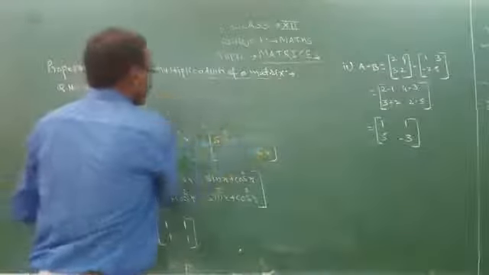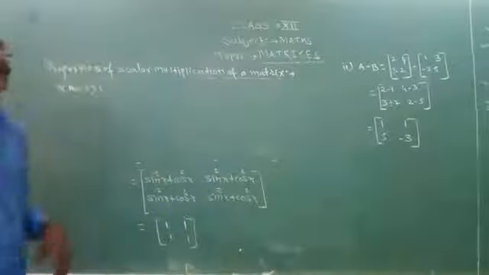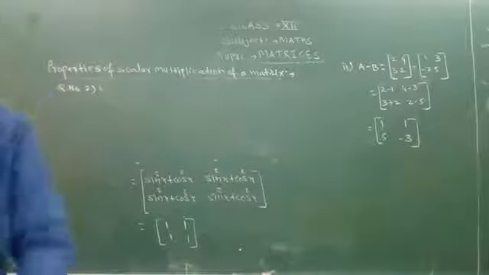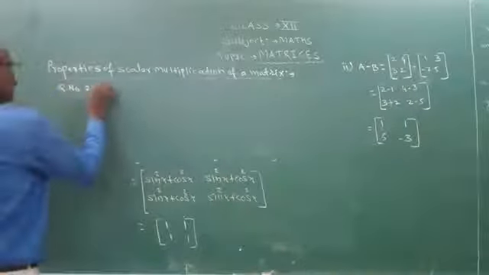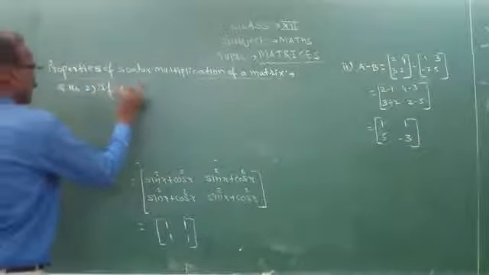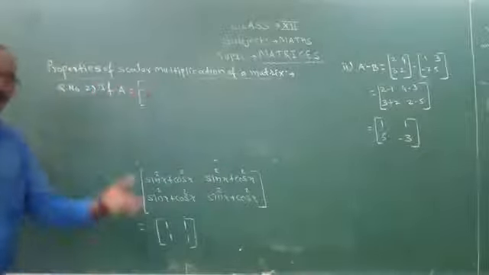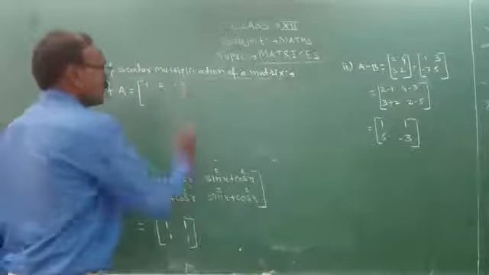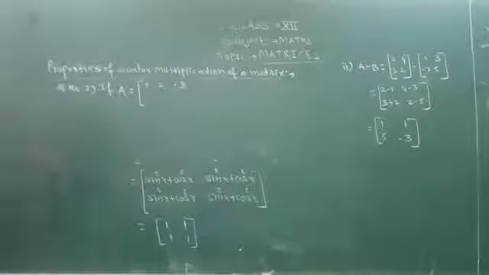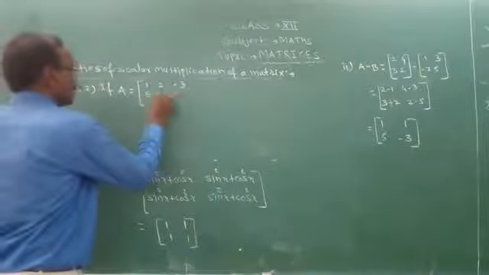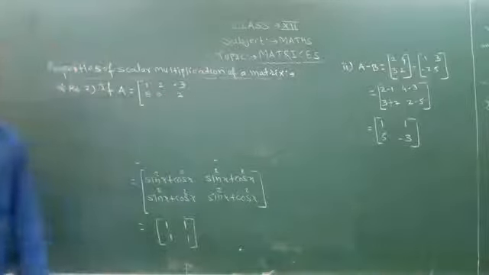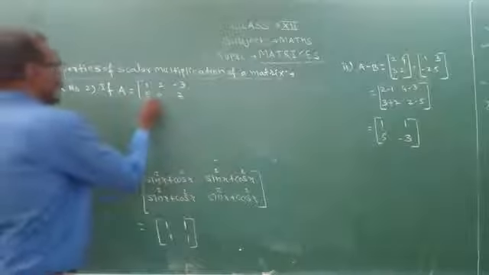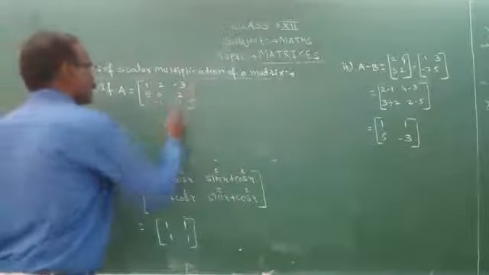Okay. Then take another. Suppose A equals a matrix with first row 1, 2, minus 3, second row 5, 0, 2, and third row 1, minus 1, 1.